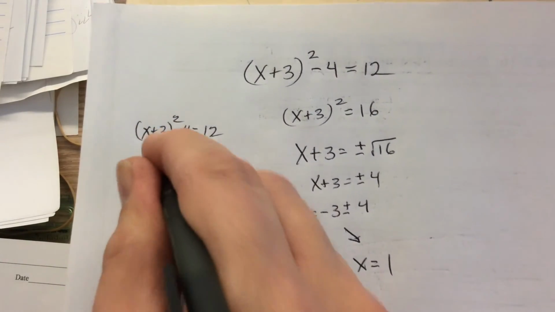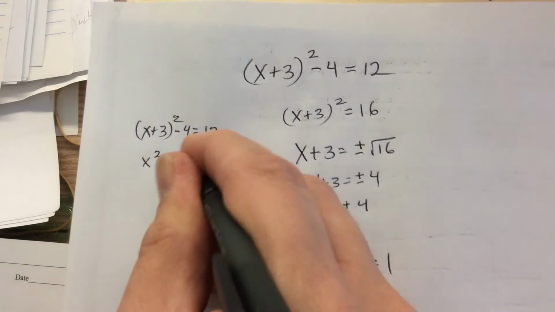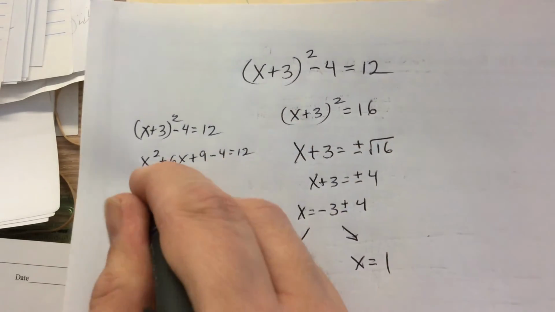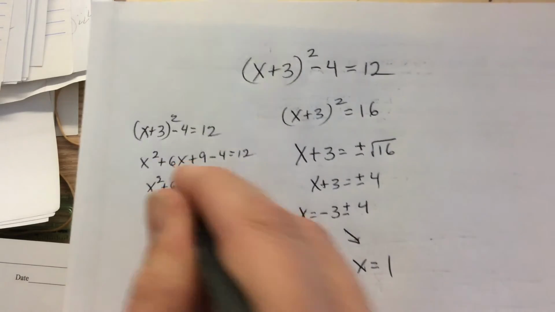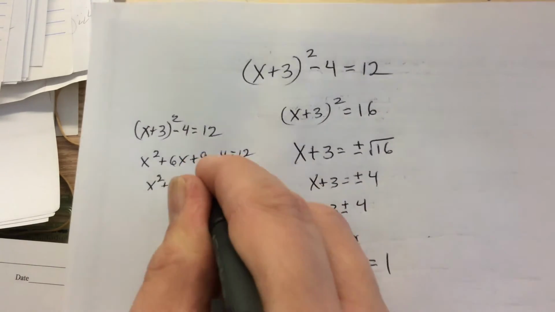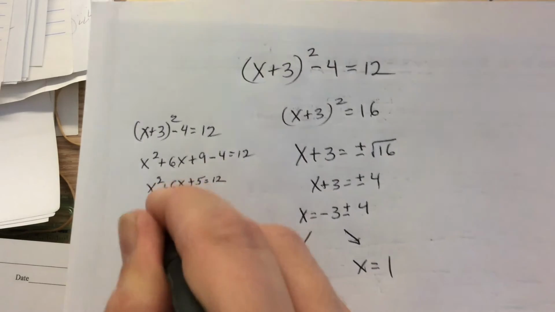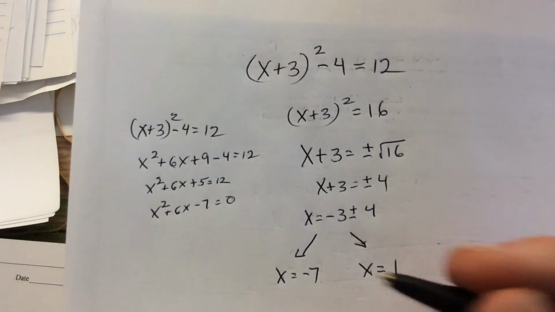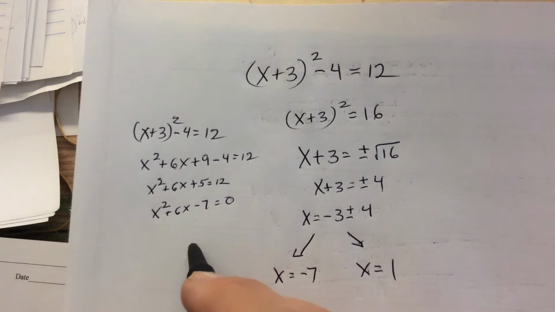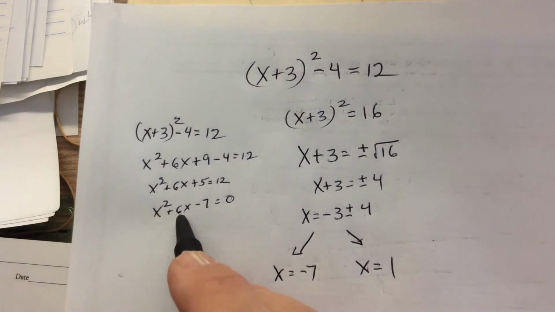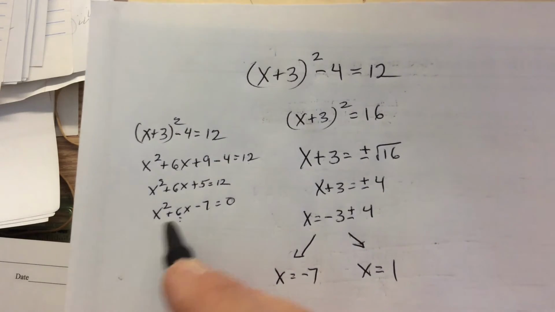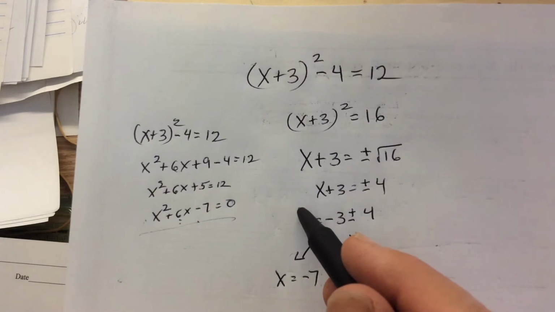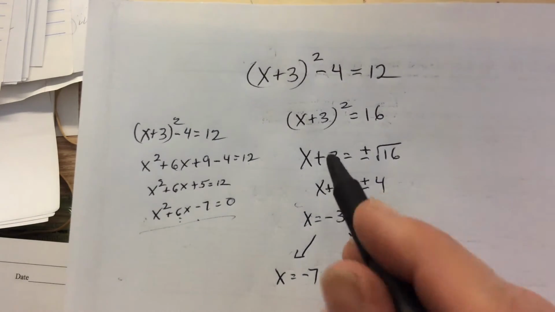So this would look like x squared plus 6x plus 9 minus 4 equals 12. x squared plus 6x plus 5 equals 12. x squared plus 6x minus 7 equals 0. And now you could use the quadratic formula. Negative 6 plus or minus the square root of 6 squared minus 4 times 1 times negative 7 all over 2 times 1. A lot of extra work.